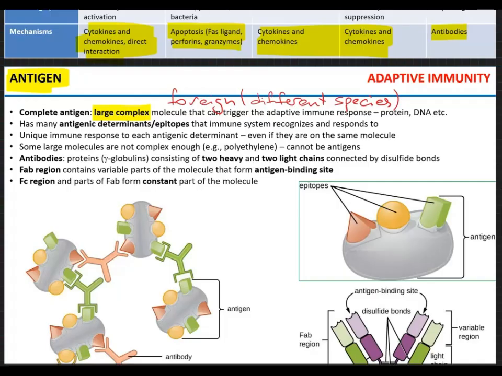So your albumin does not serve as an antigen for my immune system. Okay? Now, if I collect human albumin and inject it into, say, a rabbit, for a rabbit, human albumin is foreign, and the rabbit immune system will mount a response against it. So it will serve as an antigen. My point is that you shouldn't treat antigens as something that is non-human. It's something that is foreign for the species we're talking about.